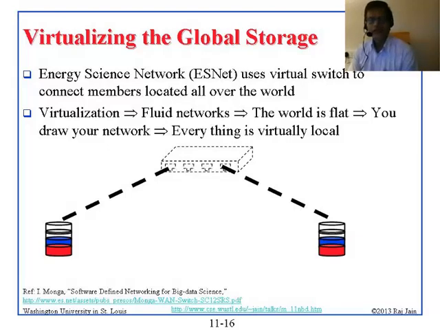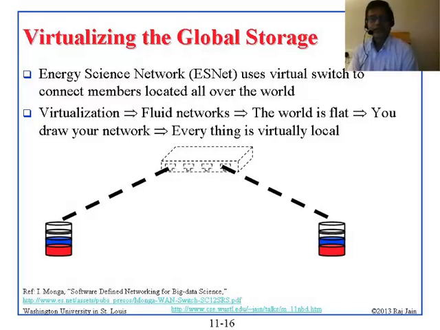And what they do is they set up a virtual Ethernet switch, so everything appears like it is connected to one switch. And that basically makes the use very simple. Although in this case the data has to move, and you need really high-speed worldwide networks.